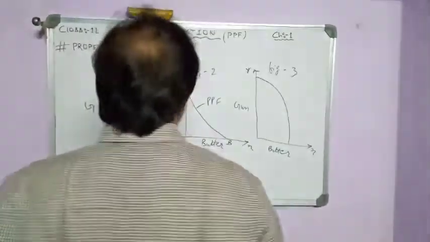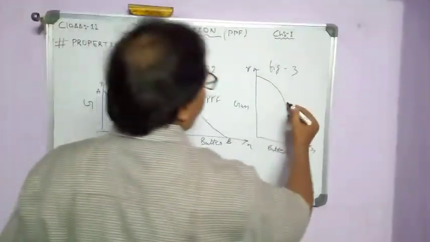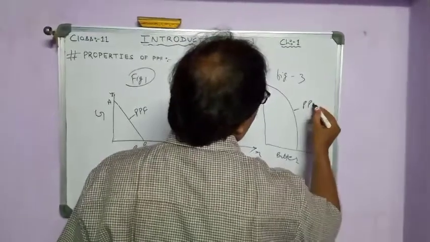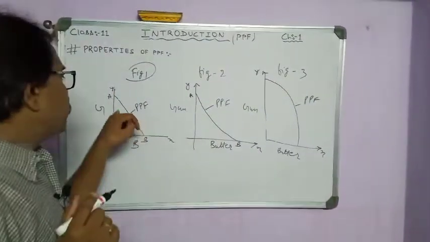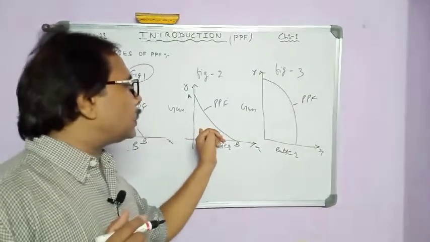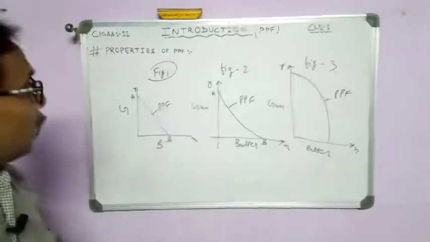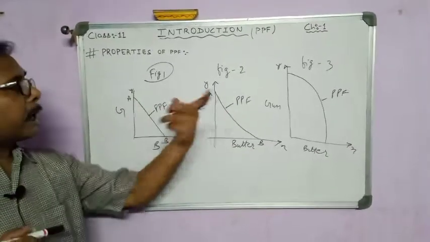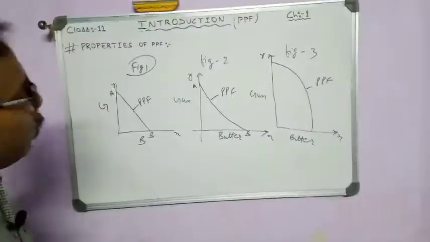So there are three shapes of PPF. The first shape is a straight line, the second shape is convex to the origin, and the third is concave to the origin. In what situation may each kind of PPF be possible?